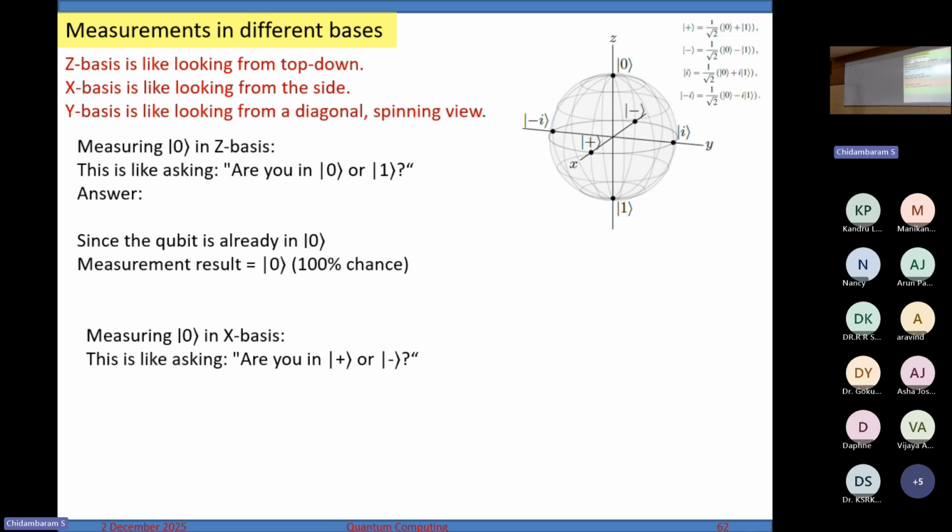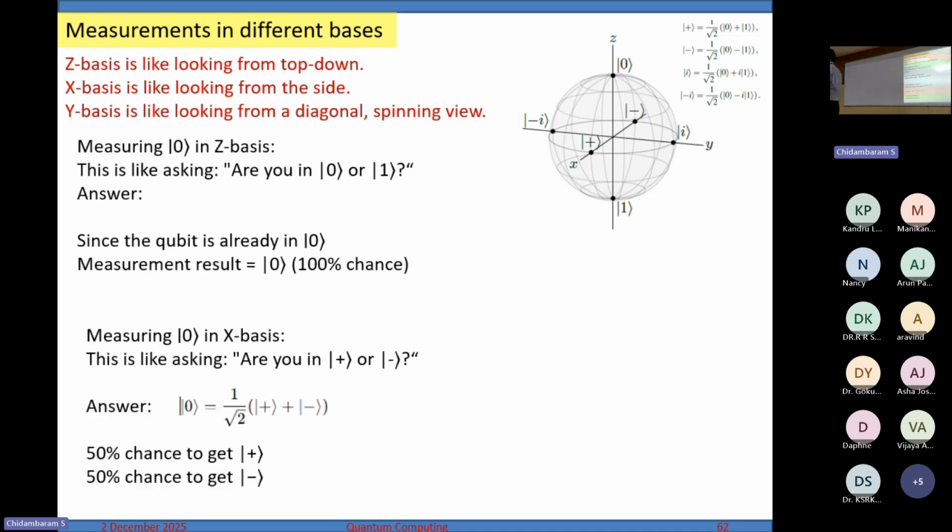My basis is changed. My question is, are you with plus or minus? So now what happens? In X basis, what is 0? When you apply 0 in X basis, what actually happens is 1 by root 2 plus minus. Then 50% chance to get each.